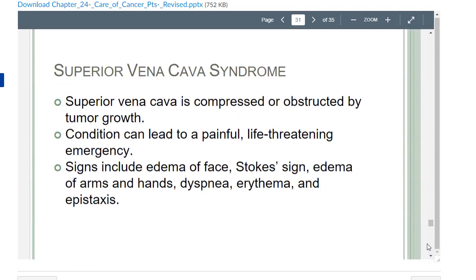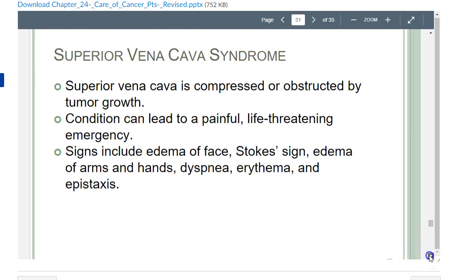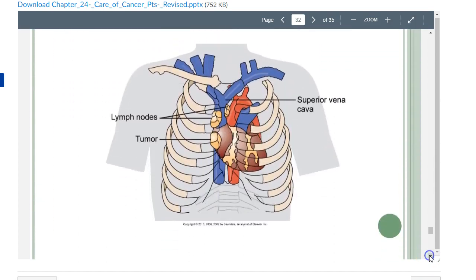The next one is superior vena cava syndrome, where if you think about where the superior vena cava is, and let me show you that picture right here. This is where the superior vena cava is, and you can see where the tumors are, where they are compressing that superior vena cava. And because of that tumor growing there, poor perfusion through that vessel, where we can see a formation of clots.